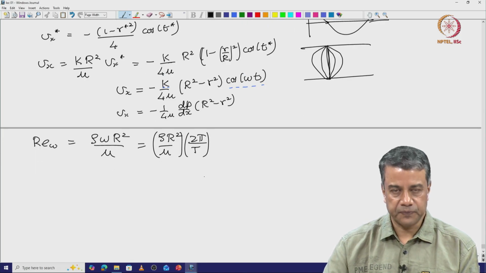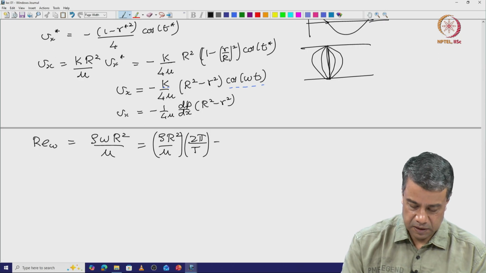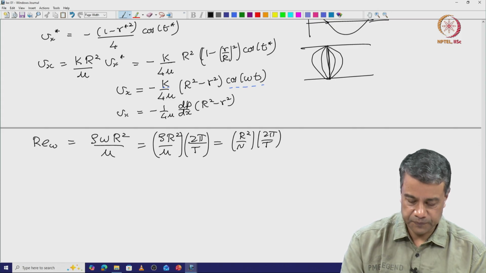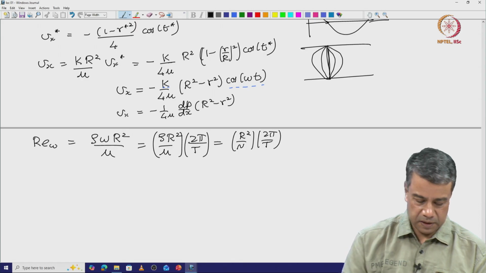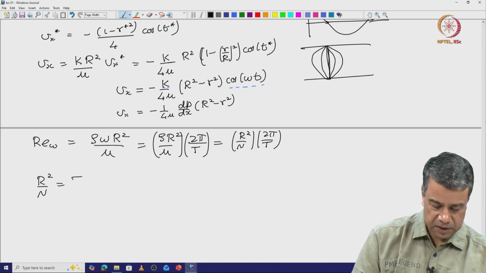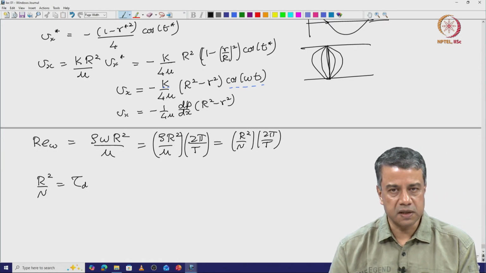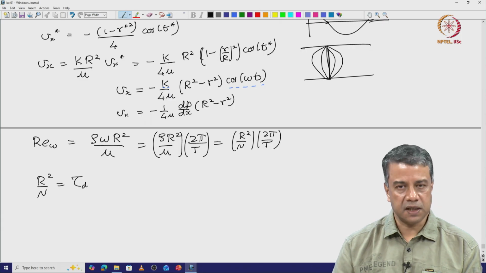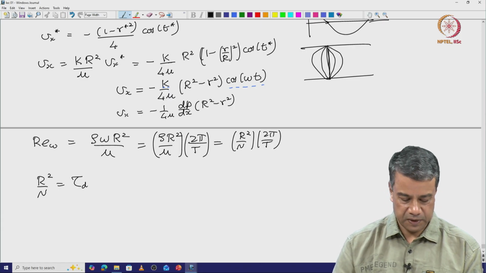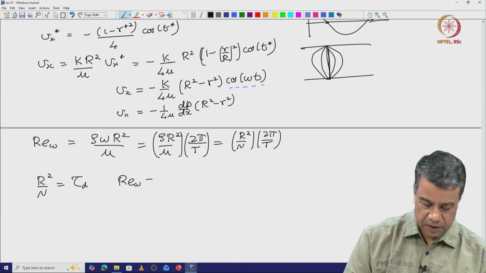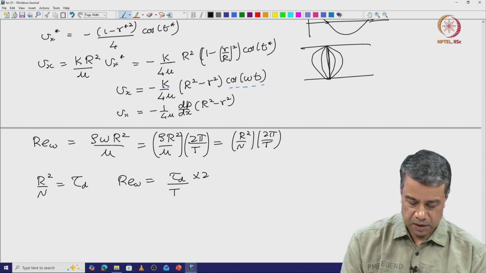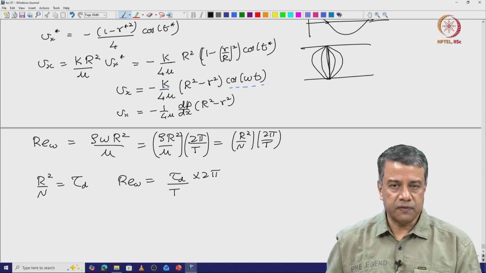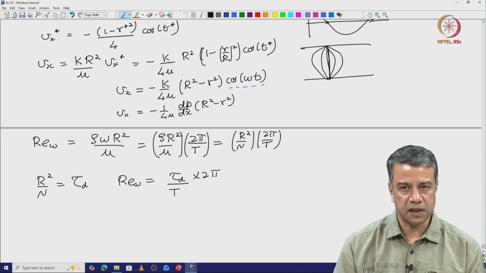Omega is just 2 pi by T. Alternatively, I can write this as R square by the kinematic viscosity into 2 pi by T. R square by nu is the time required for momentum diffusion across a distance R. So, this Re omega can also be written as the time required for diffusion of momentum across the distance R divided by the time period of oscillation, into 2 pi.